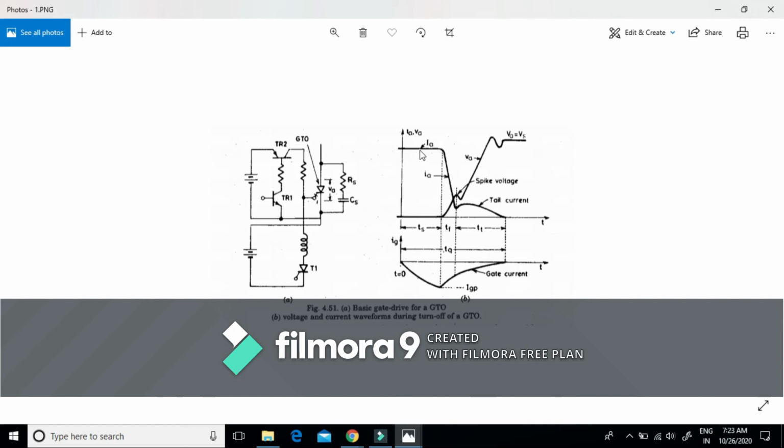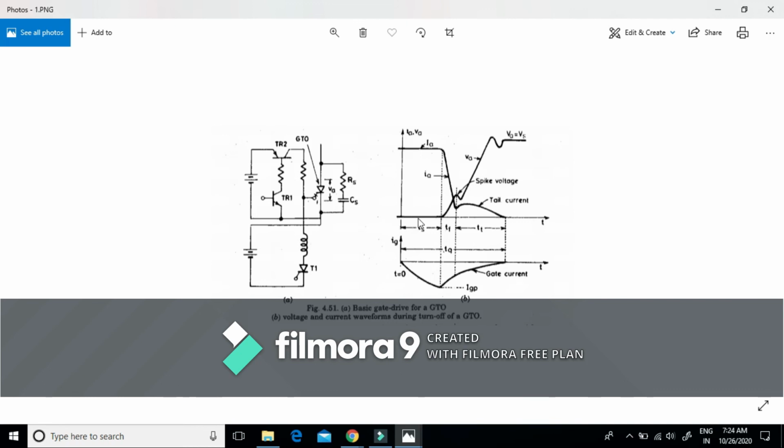During the storage interval, our anode current and this anode to cathode voltage are at their steady state values, that means at their constant values. Because before this turn off period, we have the turn on period where our anode current has some finite value, and the anode to cathode voltage during this on period will be 0.